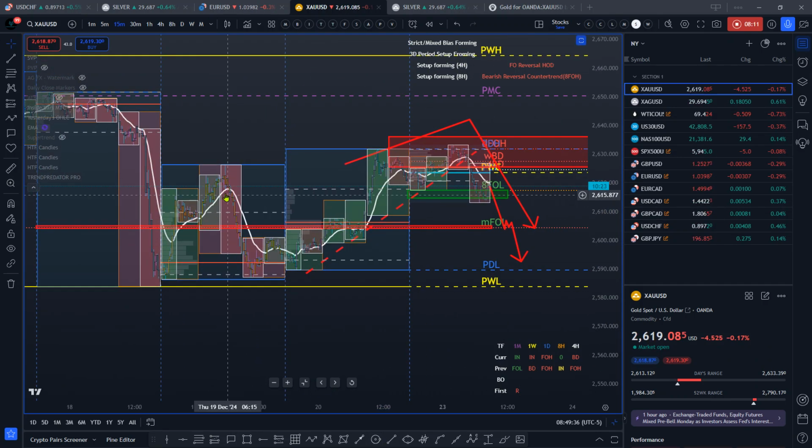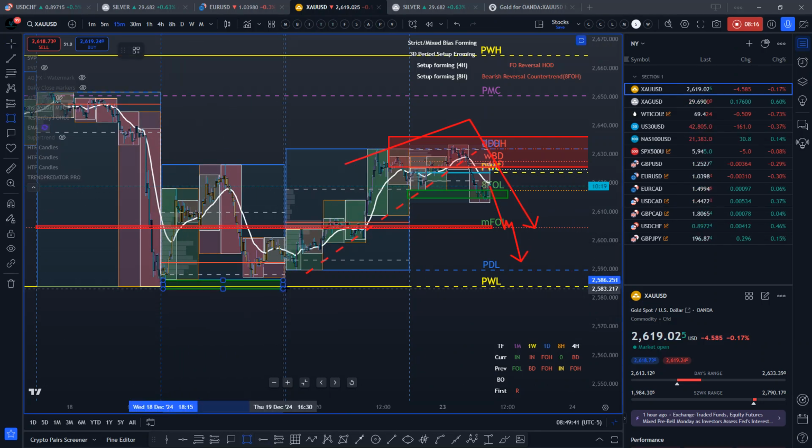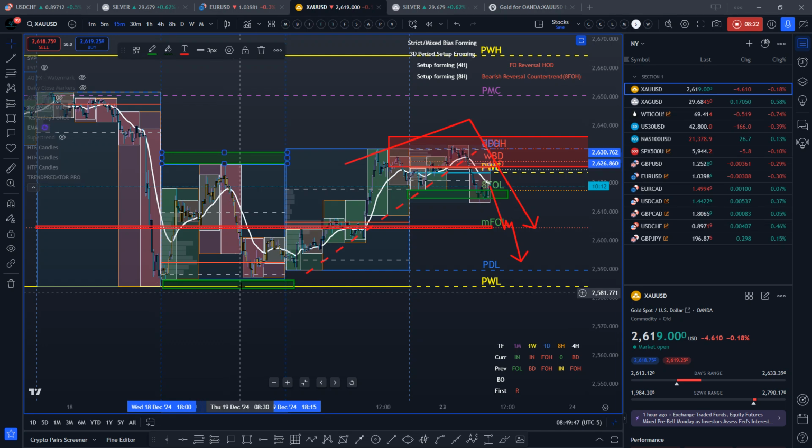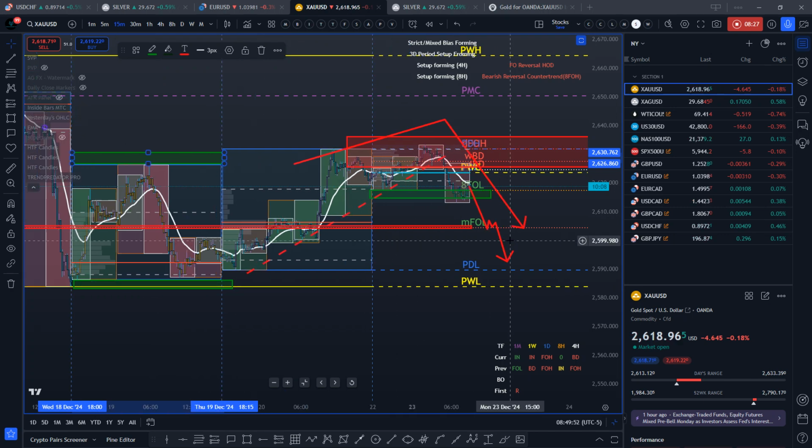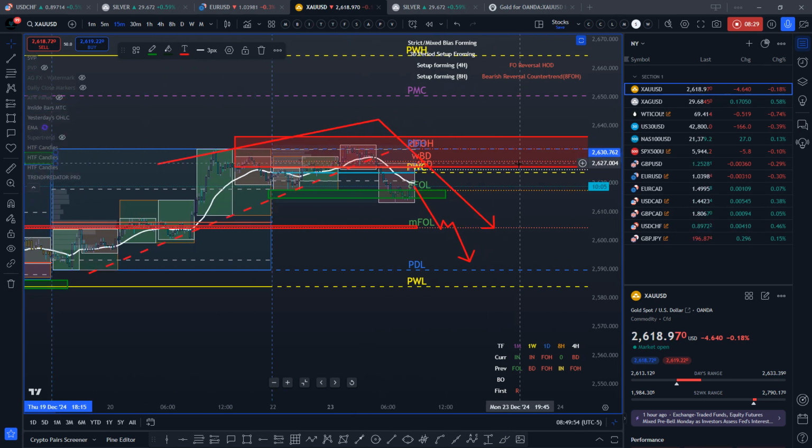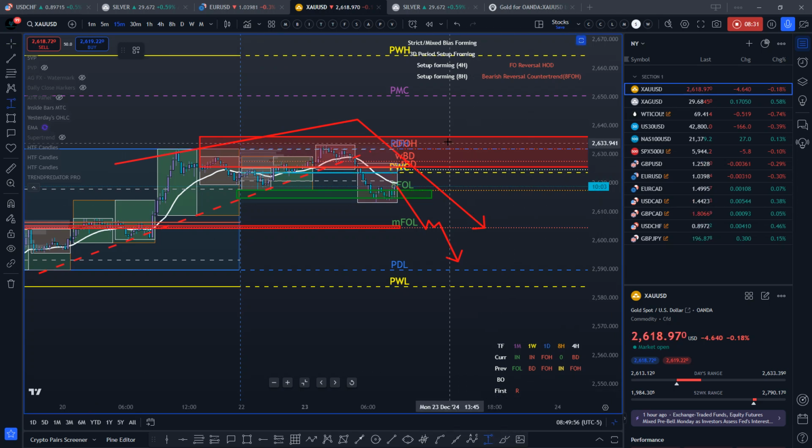Because we've got stops below Thursday's inside day. We already took the stops above it, so perhaps we're coming down to take the stops below it. But that would be quite a move for a Monday, but never say never.